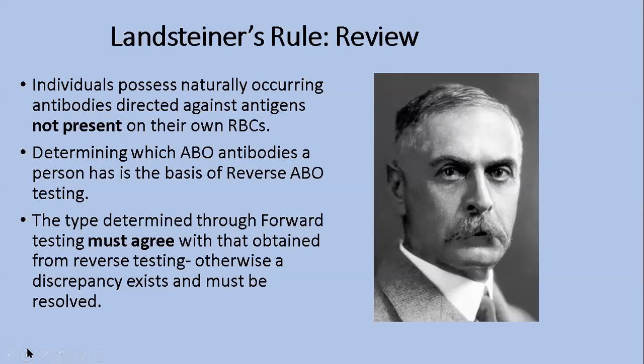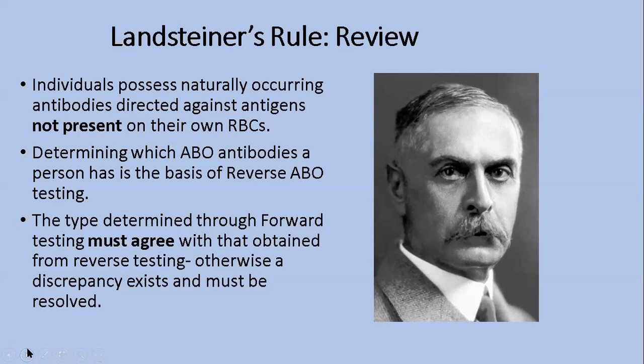The type determined through forward testing, this is so critical, must agree with the type you obtain from reverse testing. If there's a mismatch, let's say my forward typing looks like A and the reverse typing looks like O, that's a discrepancy.